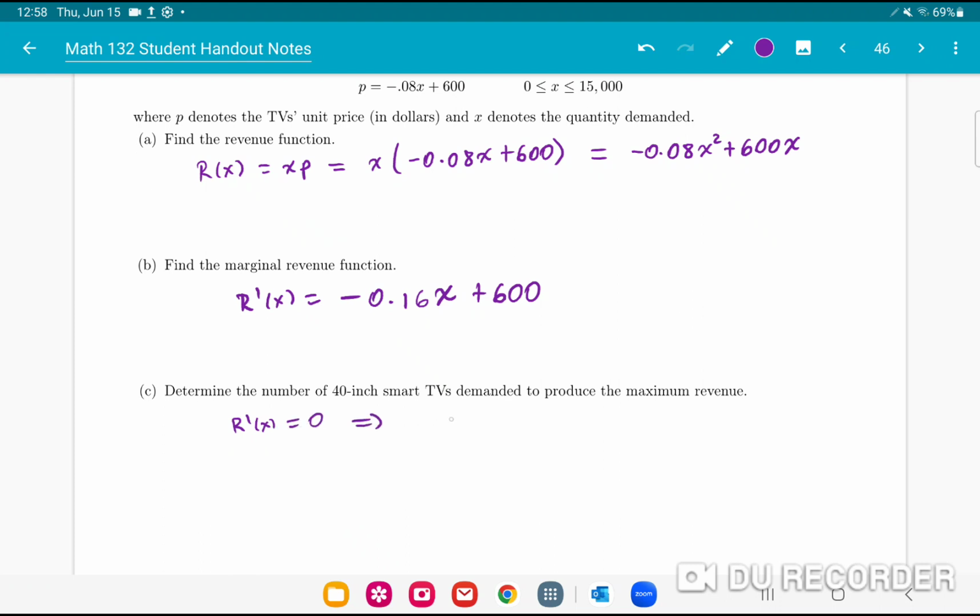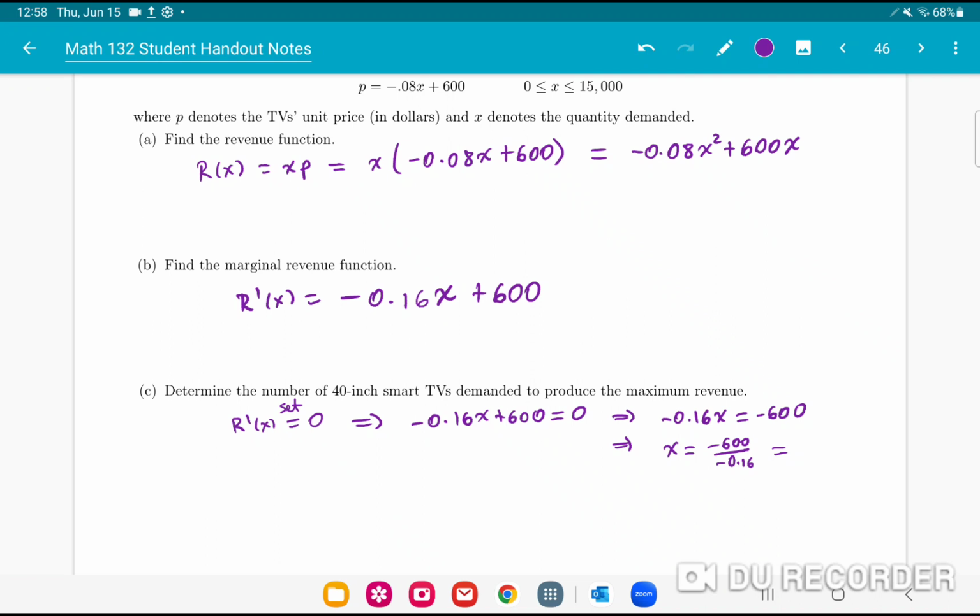In this case, negative 0.16x plus 600 equals 0. This gives negative 0.16x equals negative 600, so x equals negative 600 over negative 0.16.